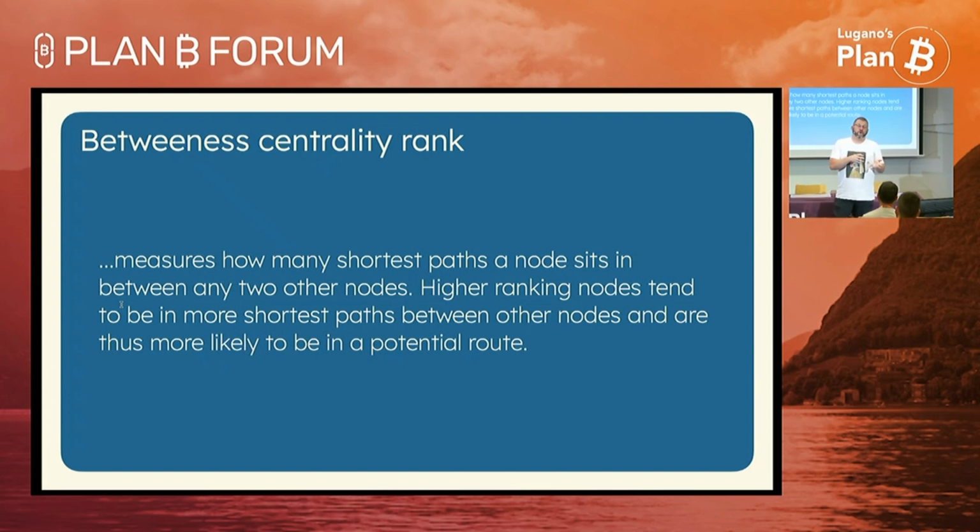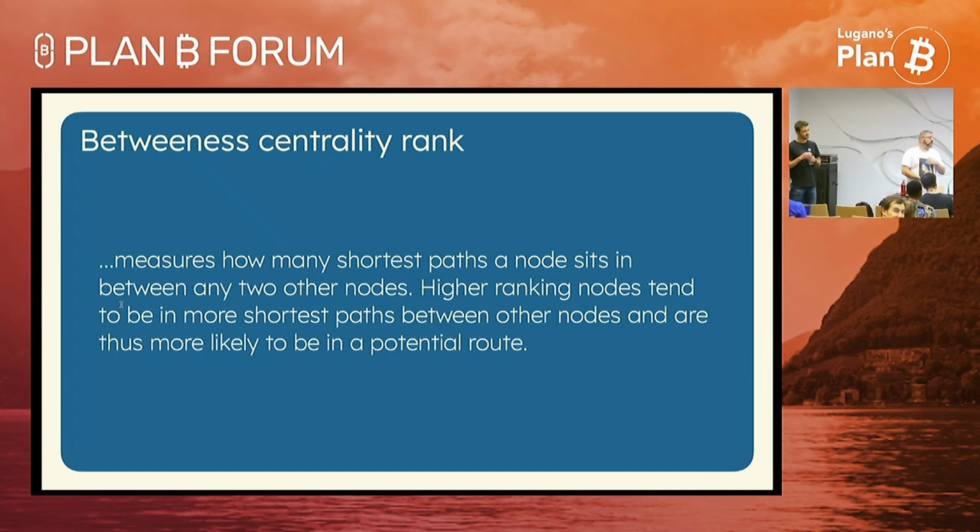So what metrics or parameters should you look at when choosing those peers? We will only talk about four or five of them, and there are many more. One of them is the betweenness centrality rank. So what does this mean?